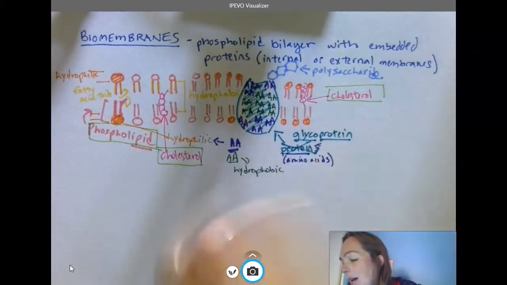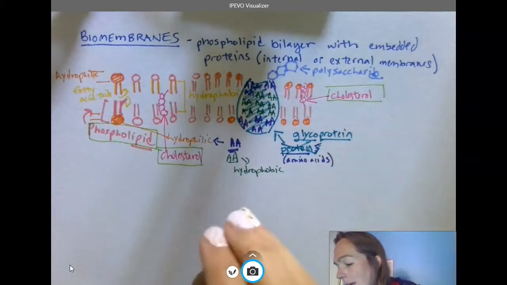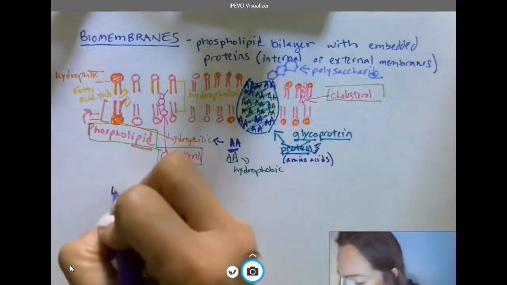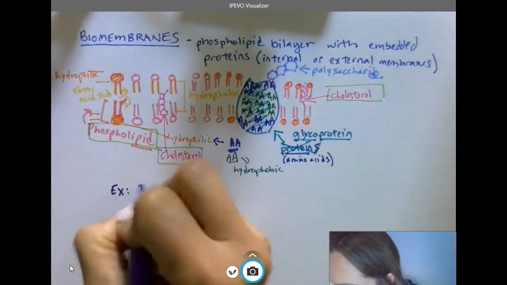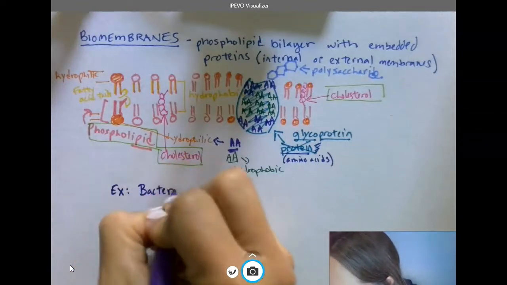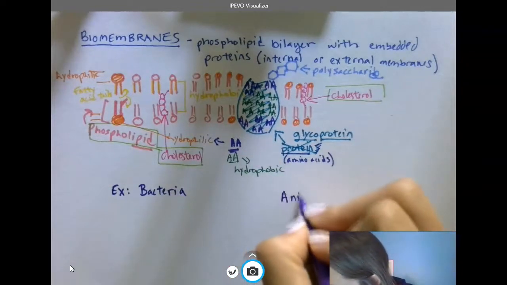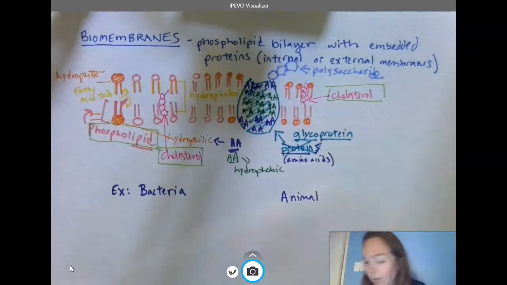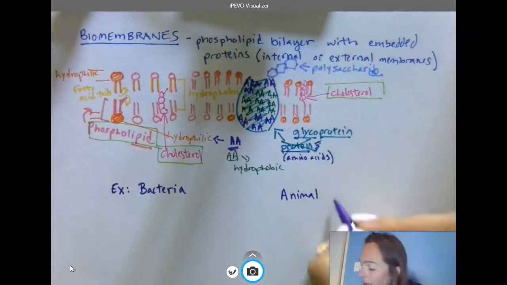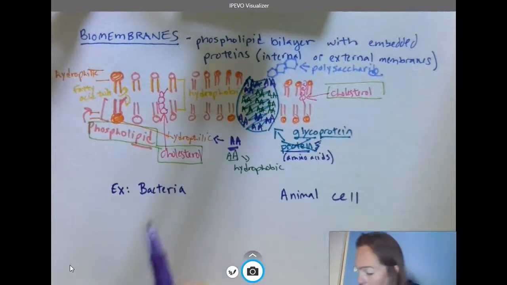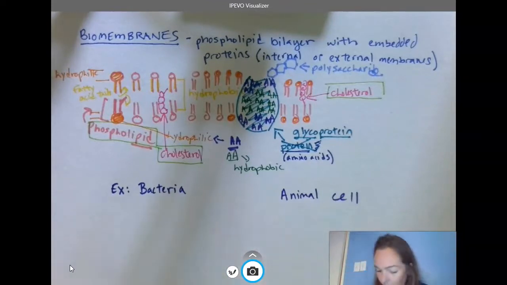Okay? Another important thing to know about membranes is we're not just talking about the cell membrane. So for example, if we're looking at a bacteria, or if we're looking at an animal cell, a bacteria is only made up of one big bag of material. Okay, and I'm going to color code this.